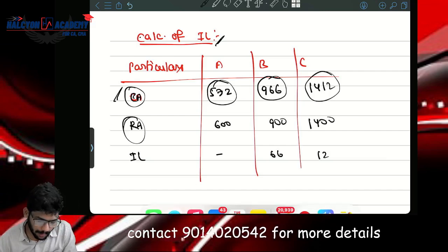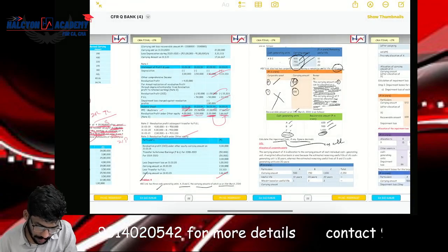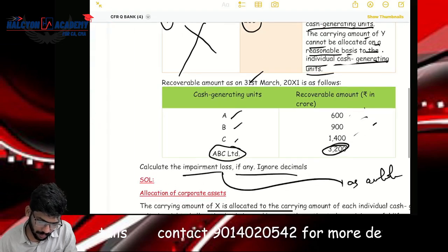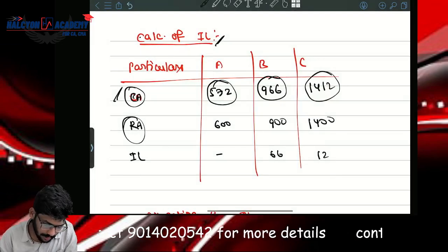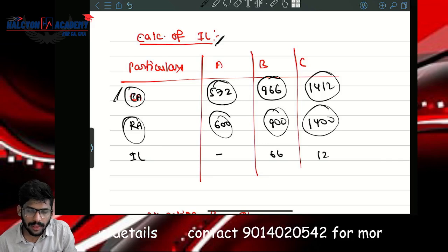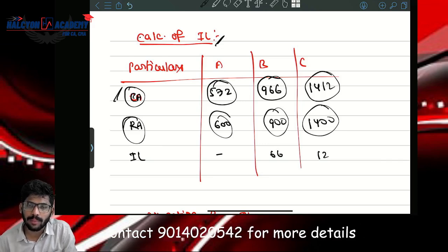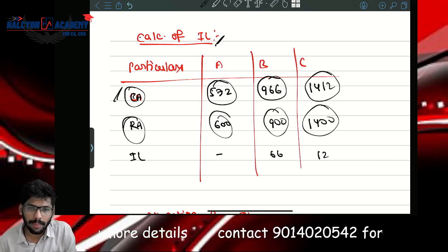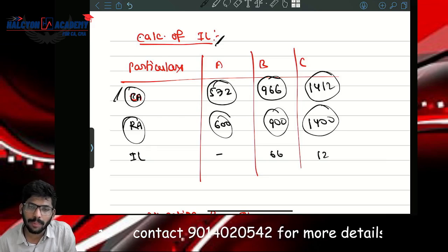Then what is the recoverable amount? In the given question we already have the recoverable amounts: 600, 900, 1400. So carrying amount minus recoverable amount gives you the impairment loss. If it is positive, it is an impairment loss. If it is negative, there is no impairment loss.